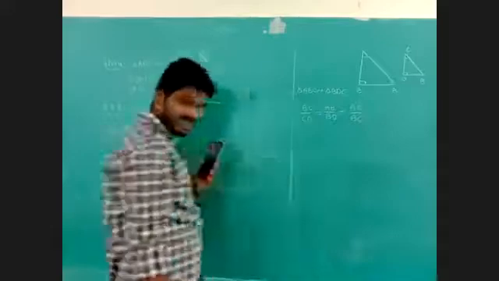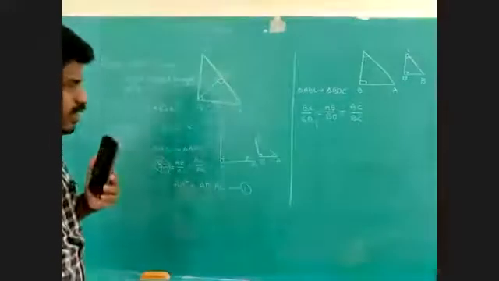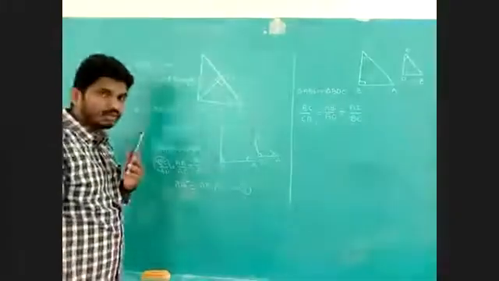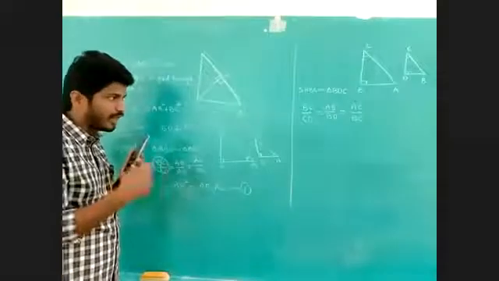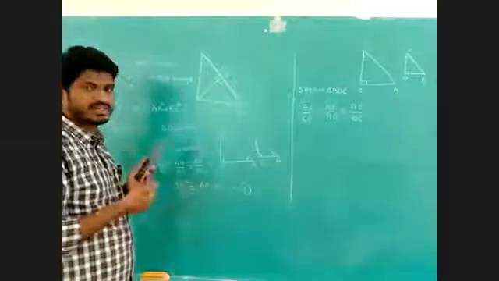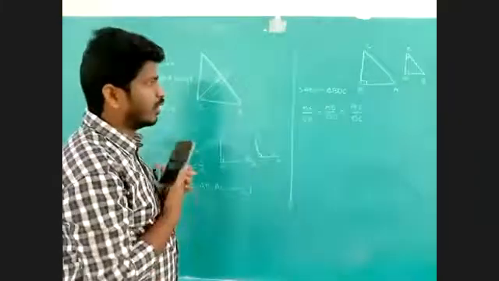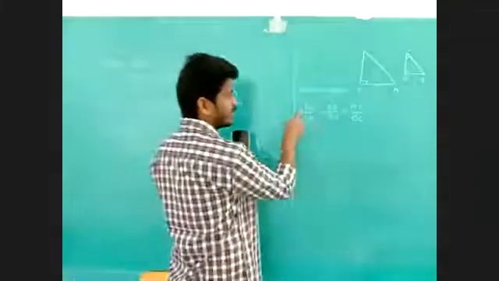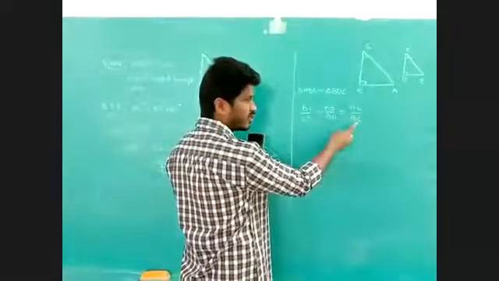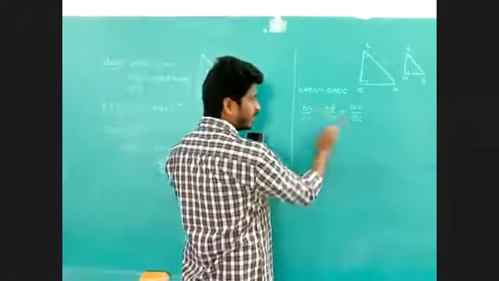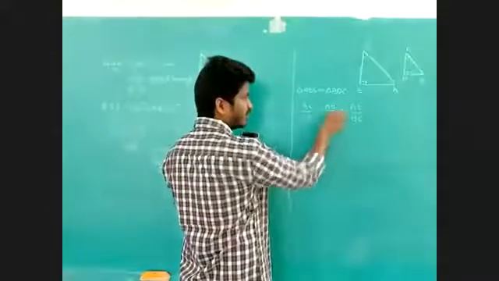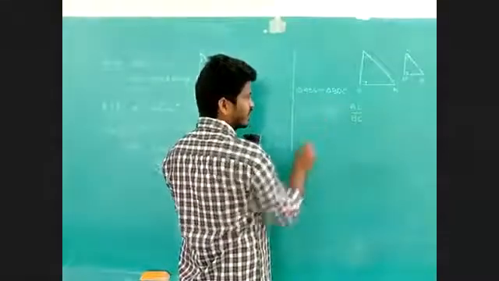From these three corresponding sides, which two do we need? Here BC is there, and in the last corresponding side also BC is there. We should take these two corresponding sides only. The third one is just cancelled.